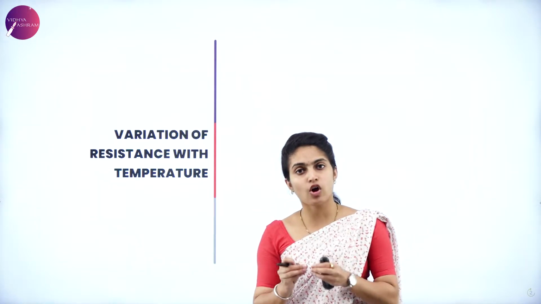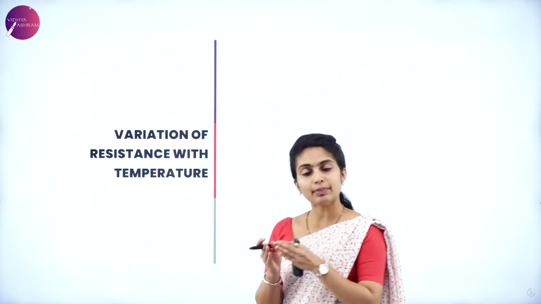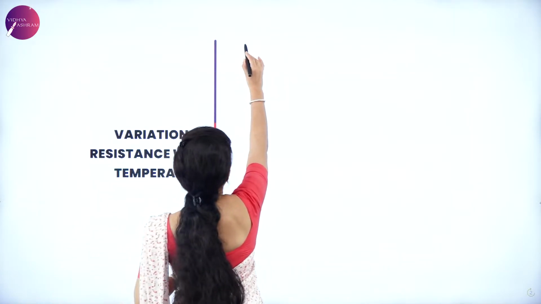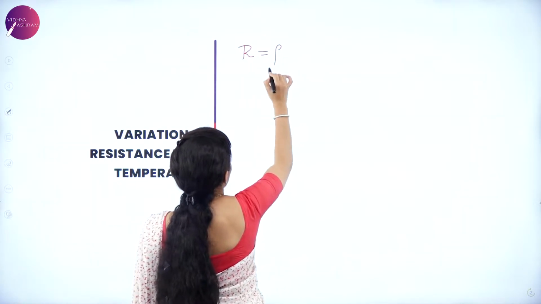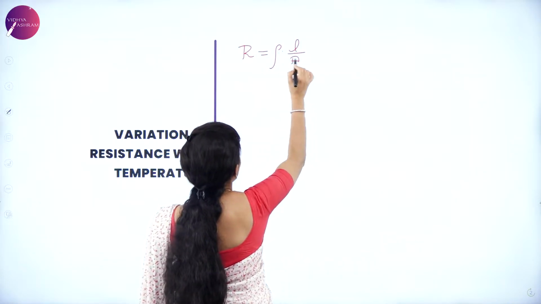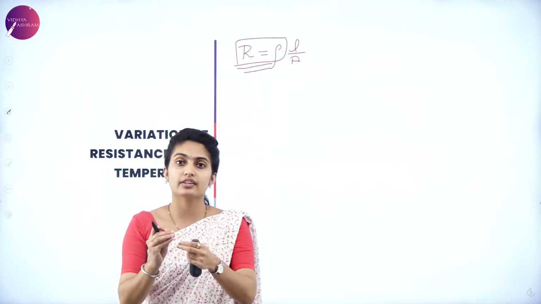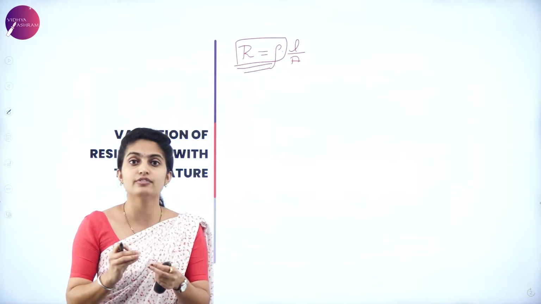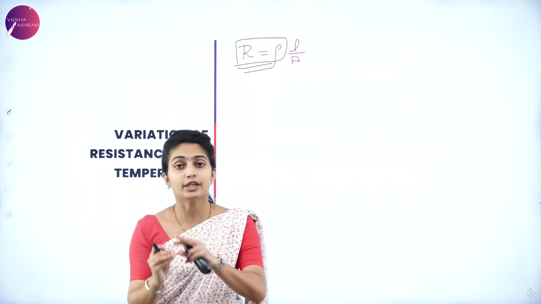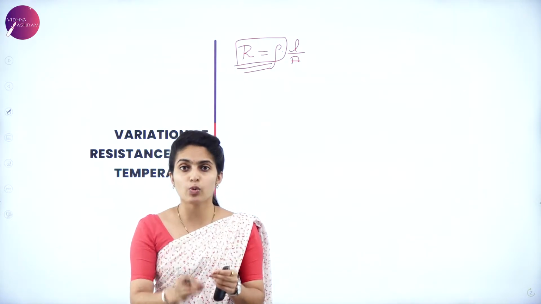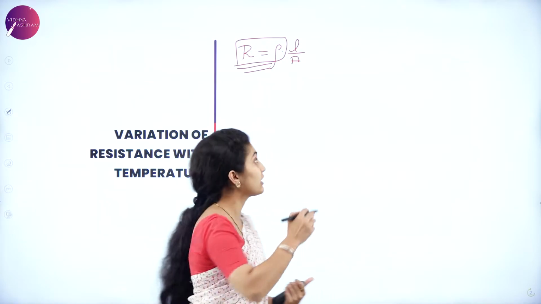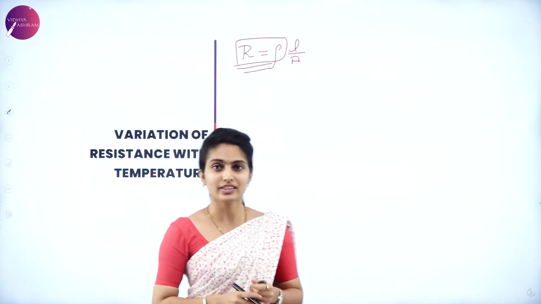Now the dependence of the resistance on temperature is the same as the dependence of resistivity on temperature, because our formula is R equals rho L divided by A. These two are proportional, that is, the resistance, capital R, depends on the temperature. Similarly, the resistivity, rho, also depends on the temperature.